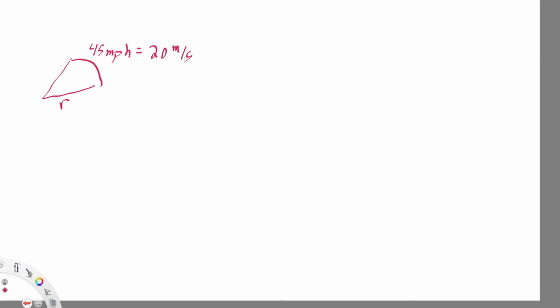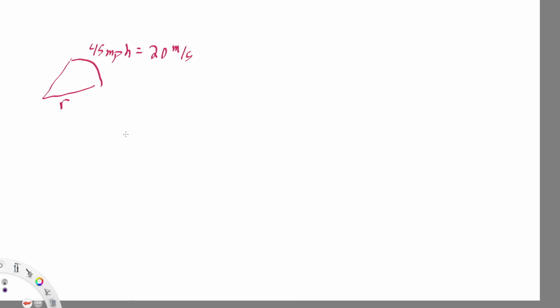Any of you who've ever gone on an on-ramp probably have noticed that the on-ramp is not flat, right? Most on-ramps are actually tilted to the left or right a little bit. And we're going to examine why that is here.